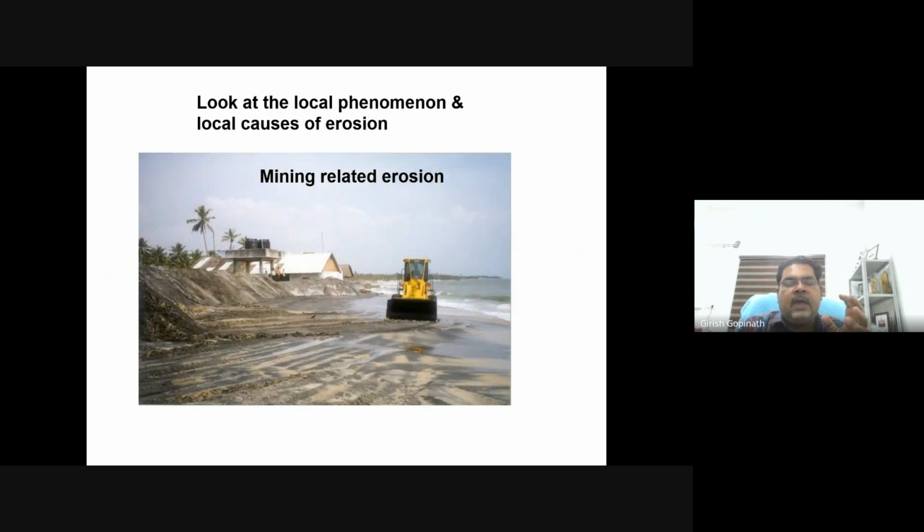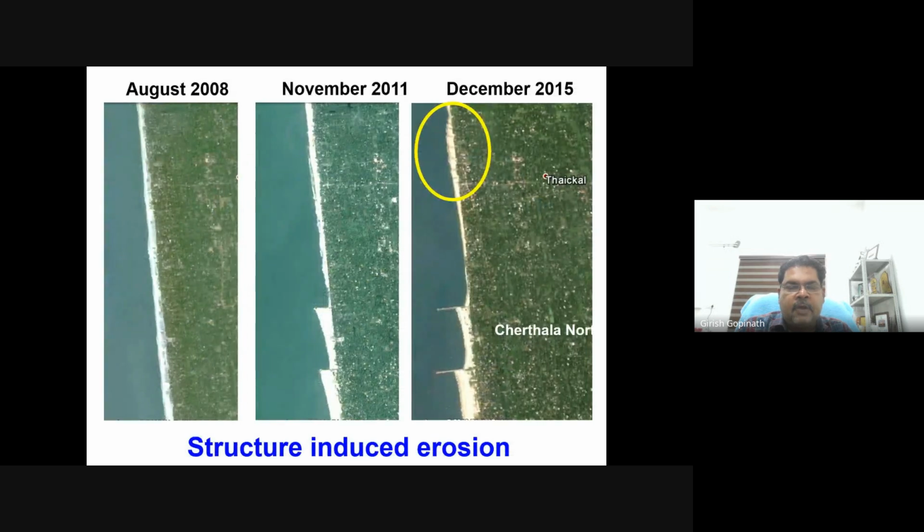When you look at the coast of Kerala or India, there are a lot of changes, maybe because mining is going on, especially in Kerala. There's mining for placer deposits in the Kollam area, and also the introduction of structures in a lot of areas.